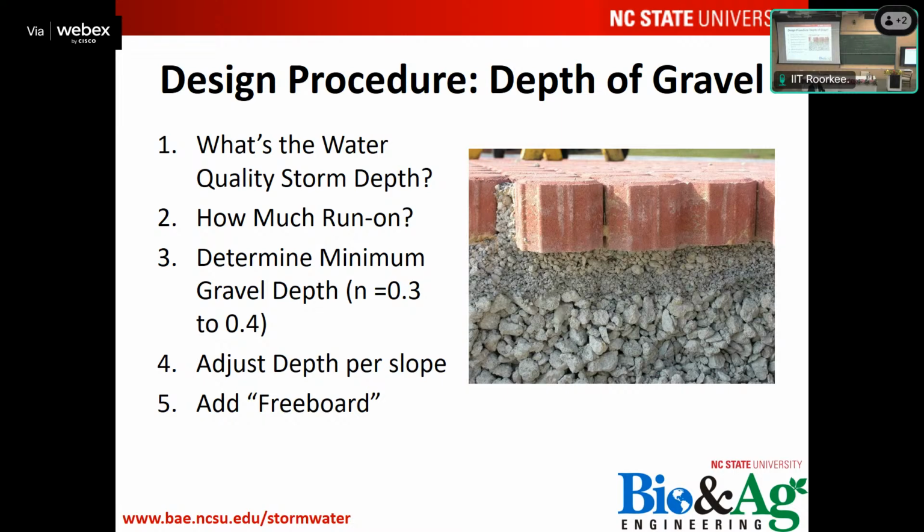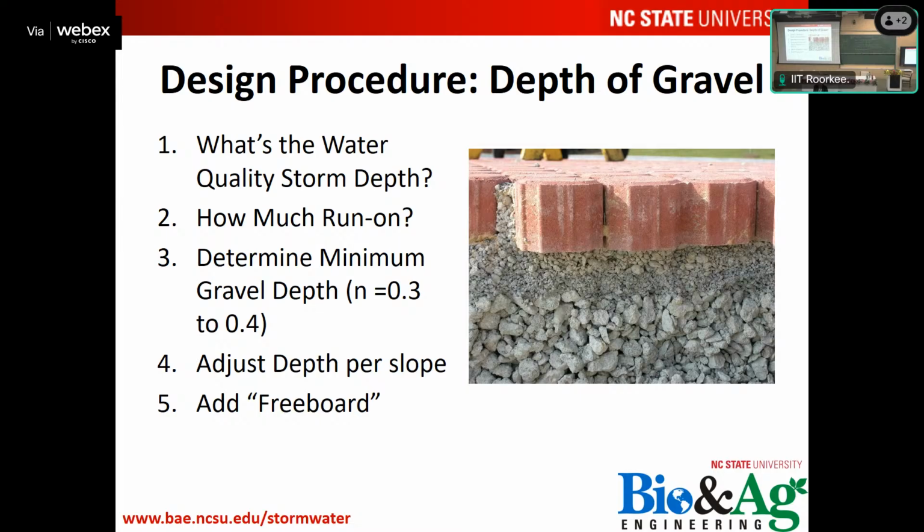So you want to know how much water is coming to your permeable pavement. That's run-on. I'm going to spend a bit more time, after we have our break, talking about what an ideal run-on ratio is. But we want to know the amount of run-on. And then you have to determine your minimum gravel depth. That's essentially what the exercise is going to be.